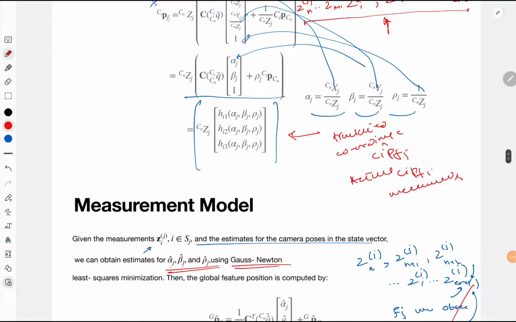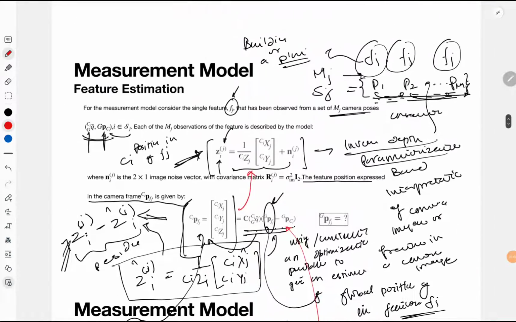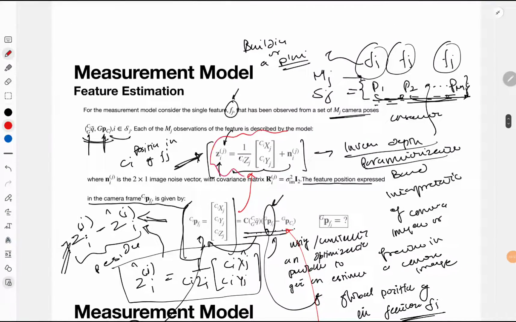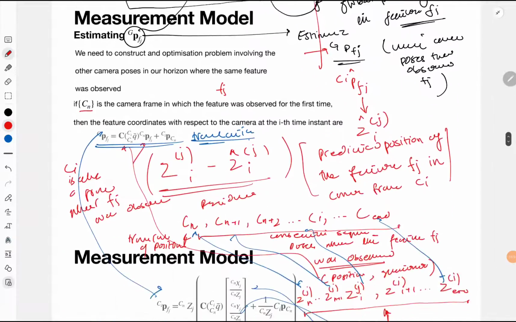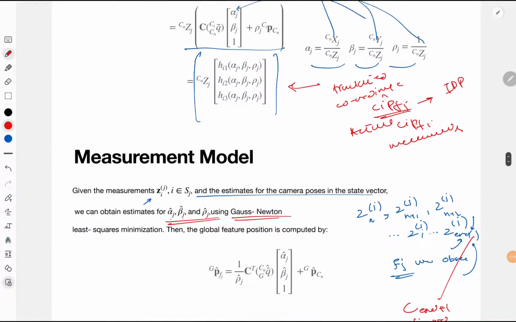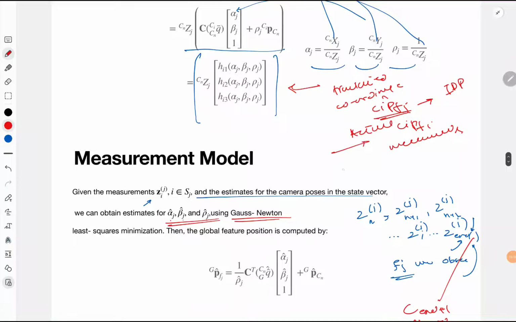So you would first convert this into the inverse depth parameterization, like here, both of these, because you would be getting the data as a 2D vector, and the 2D vector is the IDP representation of these coordinates.